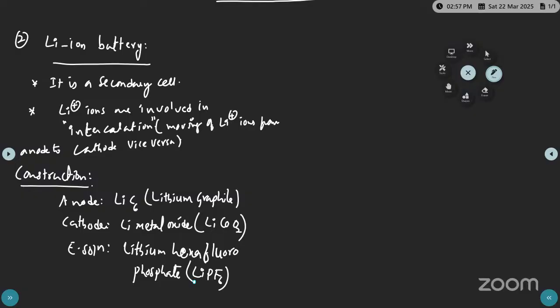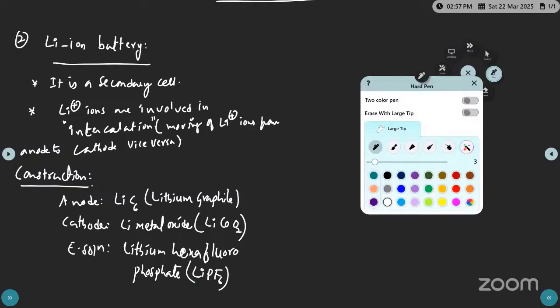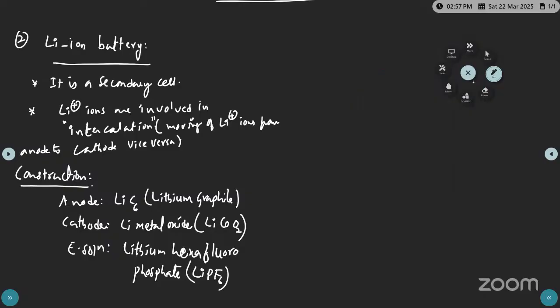So the diagram. Here the anode is taken as a thin sheet like this, made of lithium graphite.